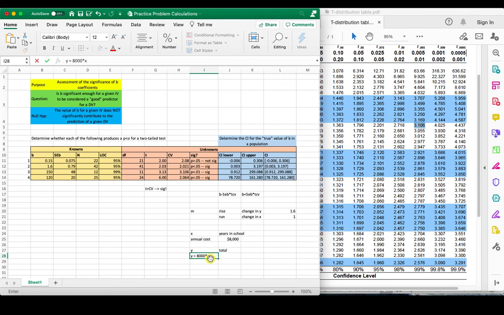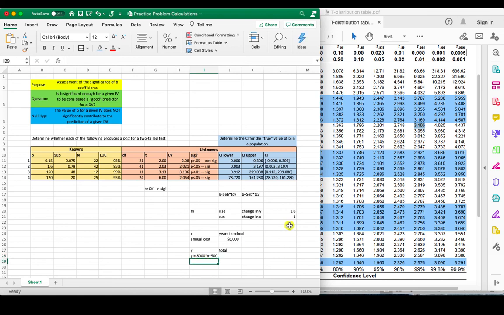So that would be x, right? And maybe let's say when you start school, it's a $500 down payment for just entering it, call it an enrollment fee. So you have this one-time enrollment fee, which is acting like your y-intercept, right? And then each year, which x is representing the number of years, you're accumulating $8,000.